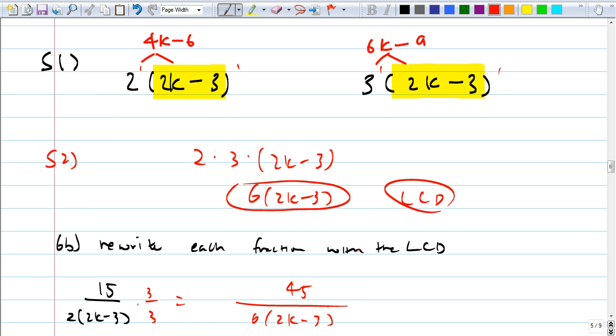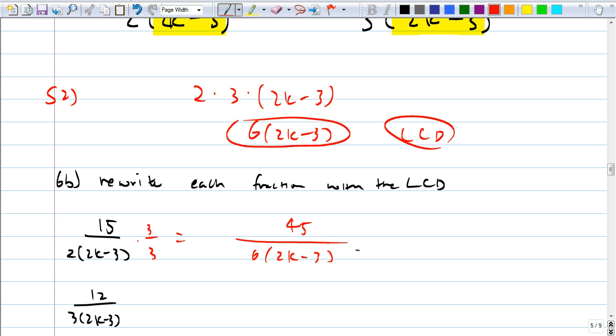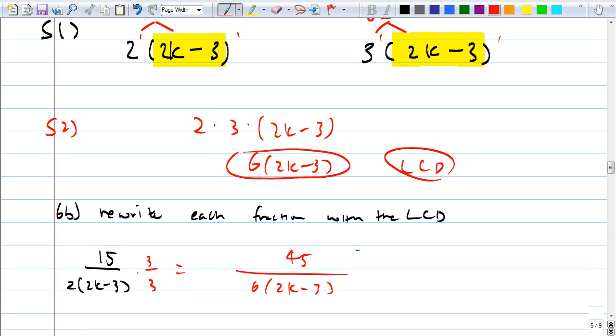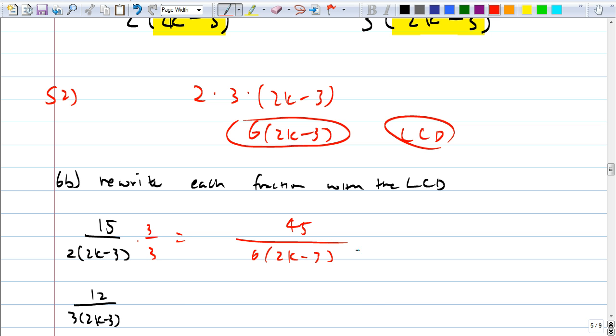Okay, hold on. And then what about the other one? What do you need to multiply? Wasn't this 12 over 3 times 2k minus 3? Isn't it better to write this with the factored denominator? How do I rewrite this 3 times 2k minus 3 with 6 times 2k minus 3? What do I need to multiply top and bottom of this by? How about Carolyn?